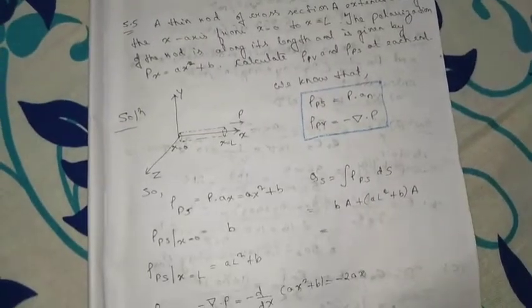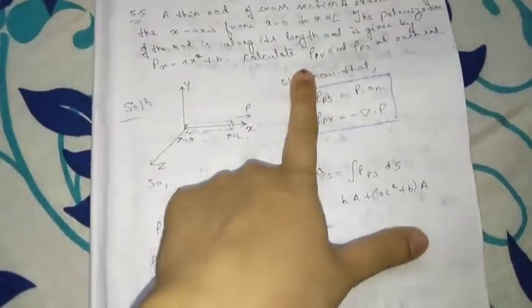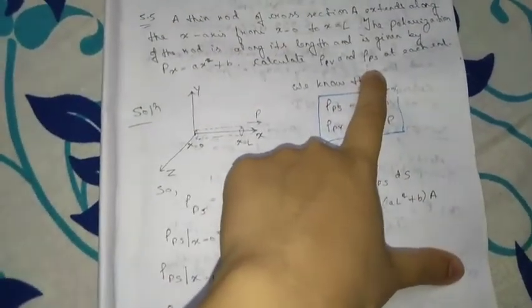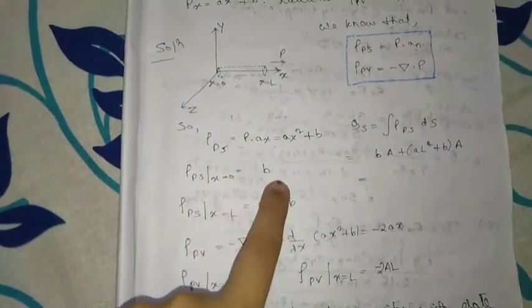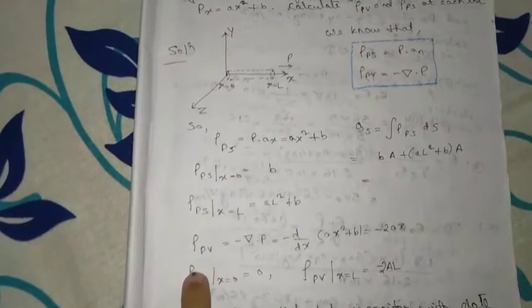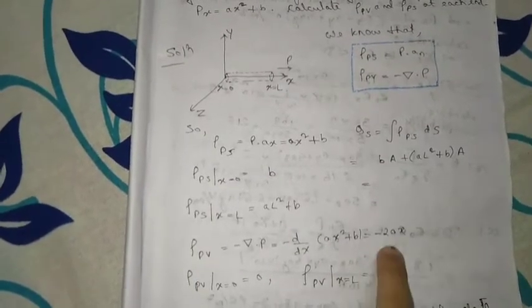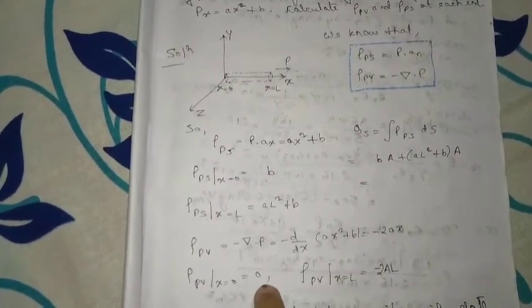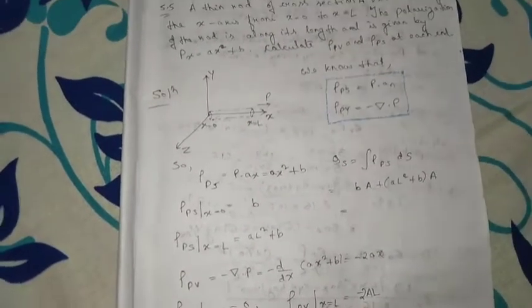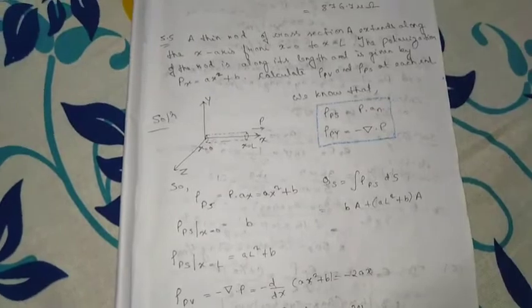This question asked us to calculate the bound volume charge and bound surface charge density at each end. So for bound surface charge, for x equal to 0 we got b, and for x equal to L we got aL square plus b, and for bound volume charge, for x equal to 0 we got 0 and for x equal to L minus 2aL. So these are the 5 questions of SADICO.